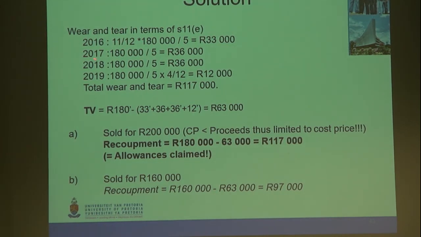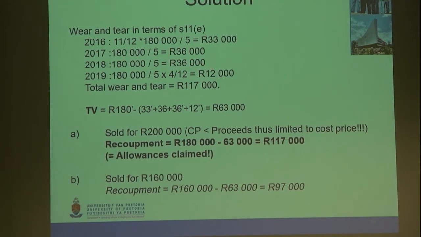In the 2017 year of assessment, obviously no apportionment because we use it for the full year. Same for 2018, no apportionment. Again, then in 2019, there's apportionment because we're only going to claim the allowance up until the point that we use that asset. So can you see apportionment is always going to kick in the year we bring it into use and then in the final year when we stop the use.